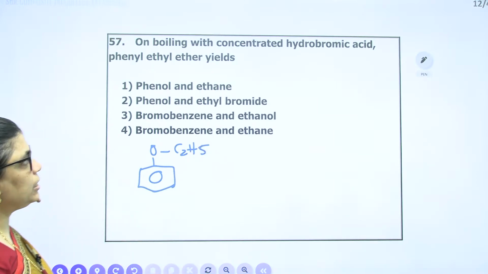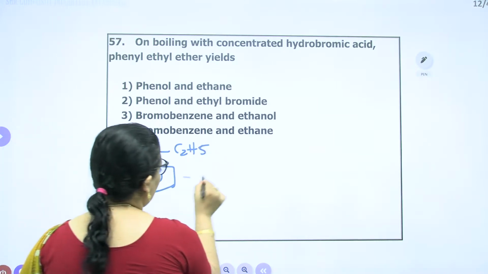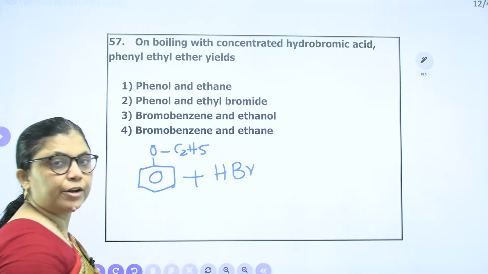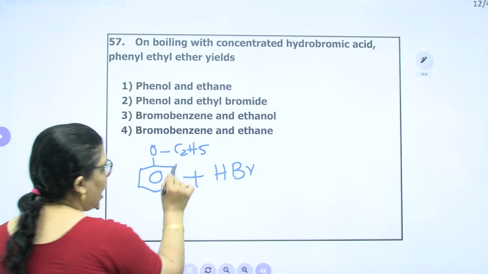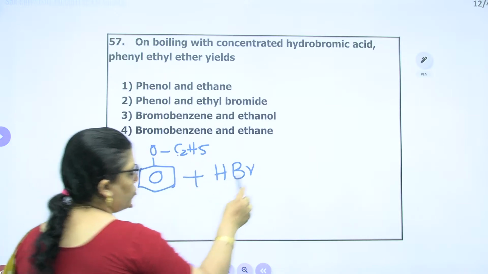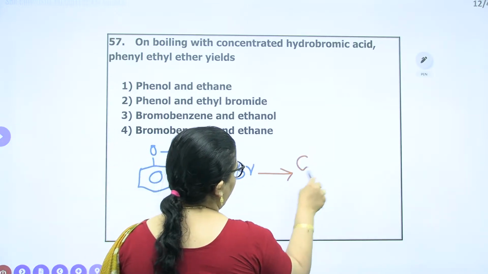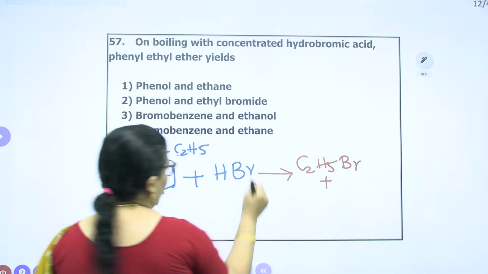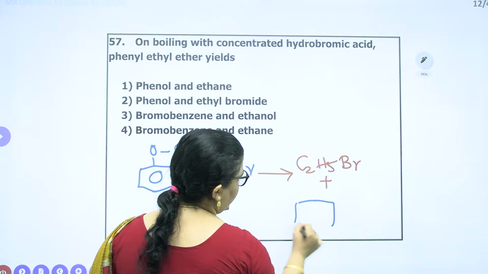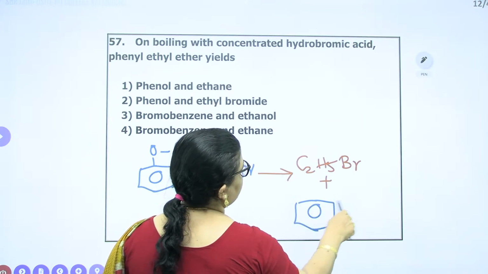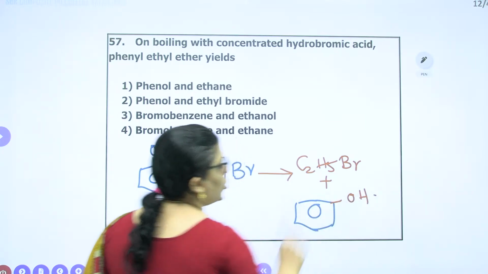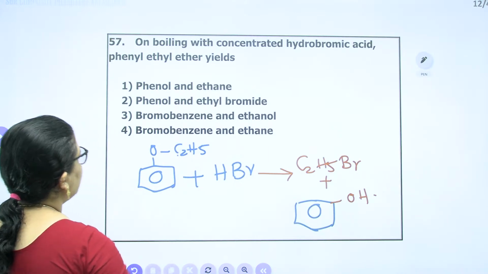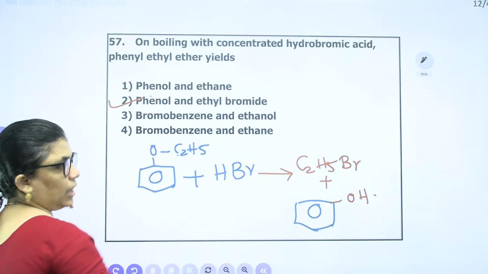Phenyl ethyl ether when treated with hydrobromic acid, HBr, the ethyl group will take up Br to form ethyl bromide along with phenol. Therefore, the answer is phenol and ethyl bromide.